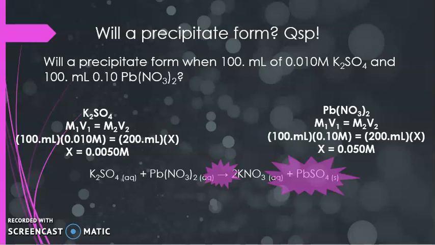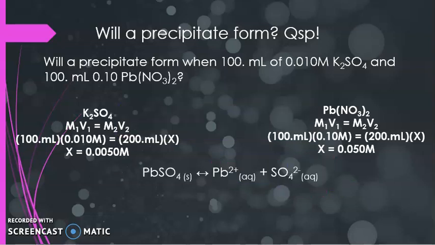If I'm trying to figure out whether or not a precipitate is going to form, and I'm trying to perform a QSP calculation, I need an equilibrium expression and an equilibrium equation that goes along with that. Since I'm trying to form a precipitate, I'm going to use a solubility type expression for that. So I'm just going to rip my precipitate out of this equation and split it up.